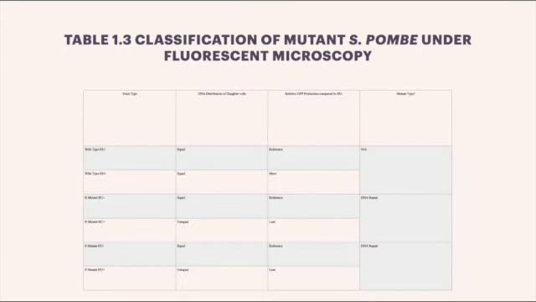This table shows the classification of mutant S. pombe under fluorescent microscopy. On the left, you can see the yeast type. You have the wild type, the R mutant, and the S mutant, both in HU minus and HU plus.